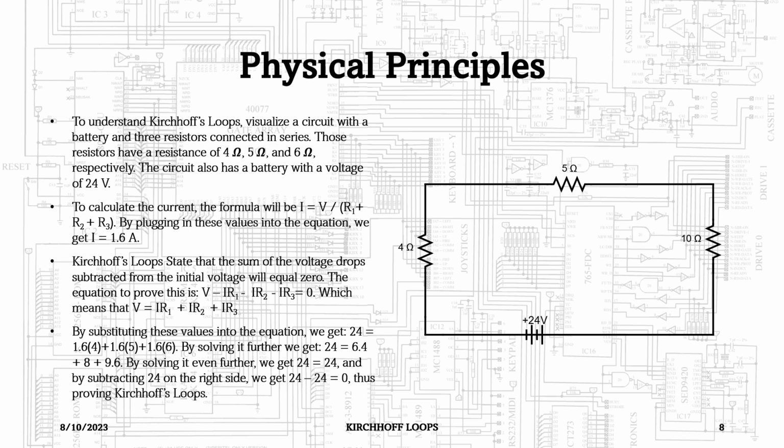By moving 24 over to the left, we get 24 minus 24 equals 0. This proves Kirchhoff's loops because once we found the sum of our voltage drops across the series circuit, and once we subtracted it from the initial voltage, we got a value of 0.